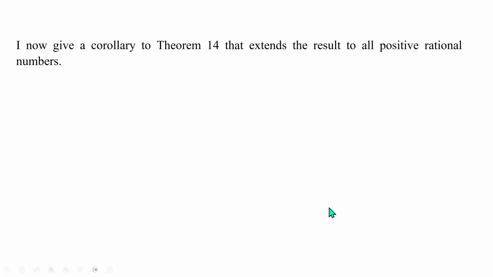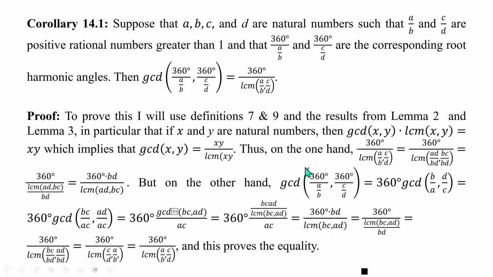Okay, I now give a corollary to Theorem 14 that extends the result to all positive rational numbers. So let's suppose A, B, C, and D are natural numbers, such that A over B and C over D are positive rational numbers greater than 1.